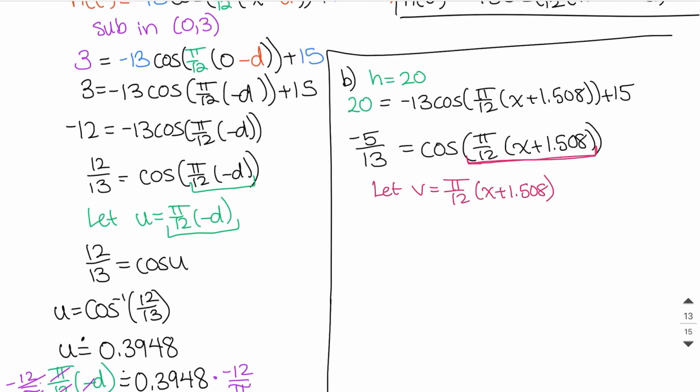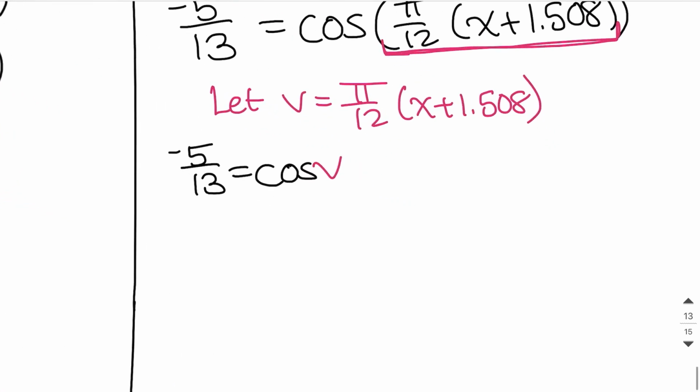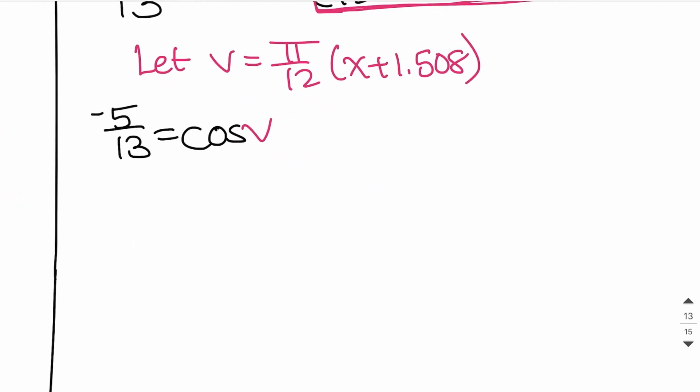Okay, so right here, what we're trying to do is solve negative 5 over 13 equals the cosine of v. Better write smaller. The next thing I need to do is find my related acute angle, and I'm going to call that beta. So I'm going to say 5 over 13 is equal to the cosine of beta.